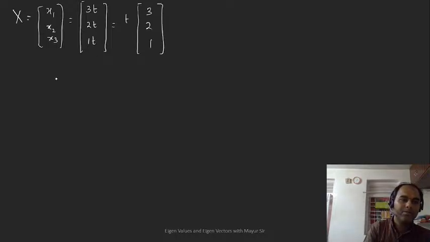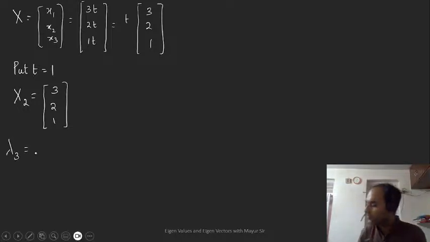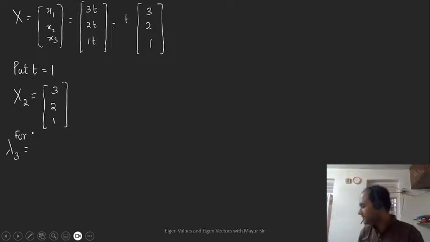So put t equal to 1, and then you have capital X2 as your eigenvector as 3, 2, 1. Similarly, we calculate for lambda 3. When you have lambda 3, what do you go for? Yeah, fantastic.